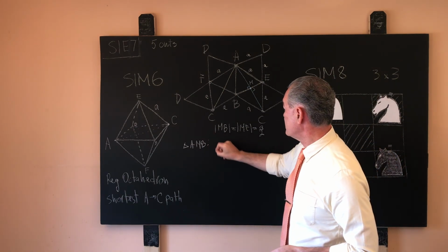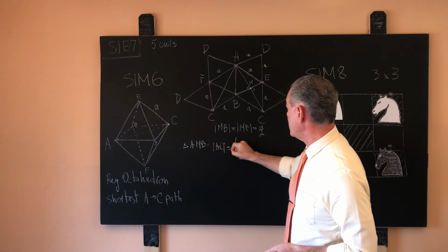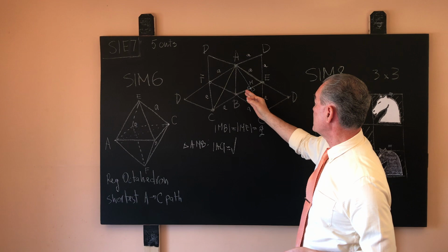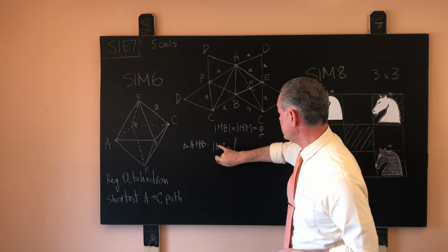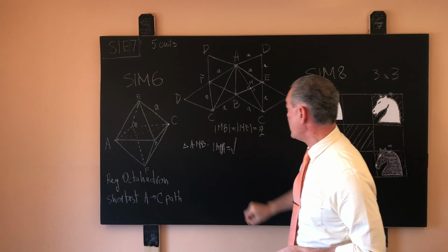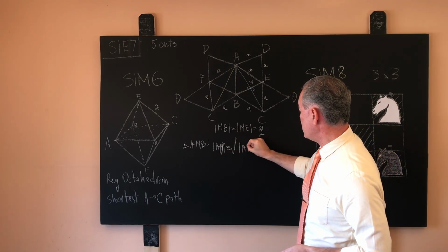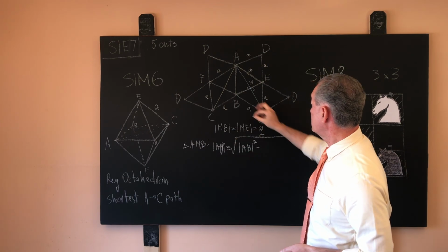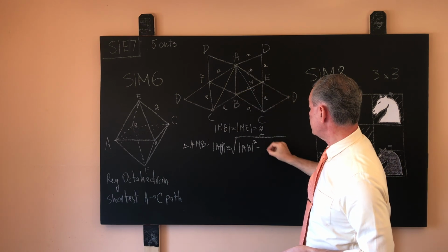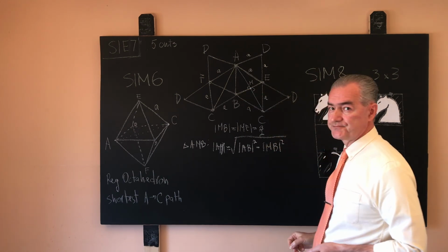We have it that the length, let's say not AC but AM, is the square root of the distance AB squared minus the distance MB squared.